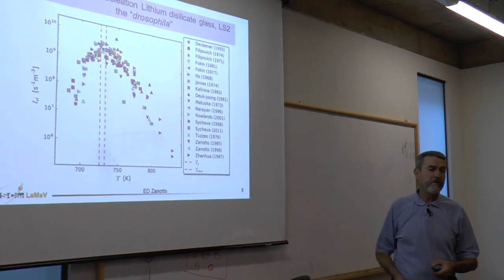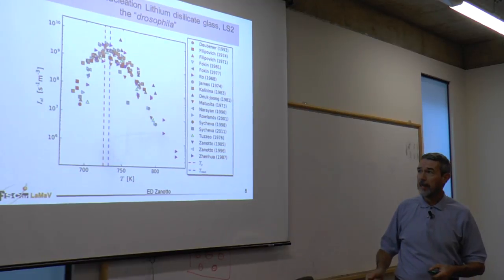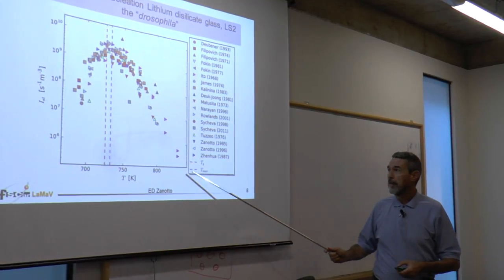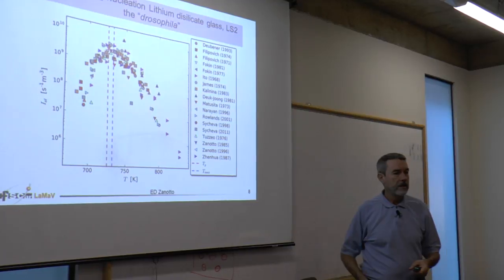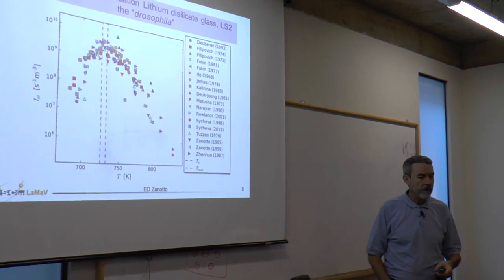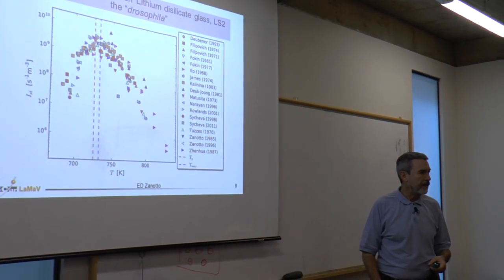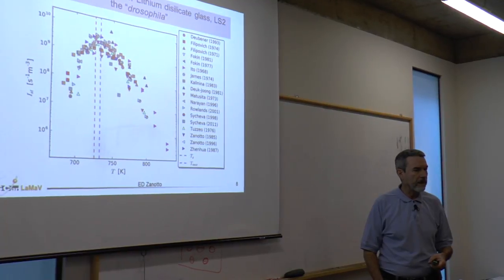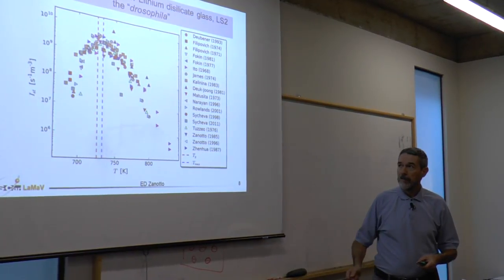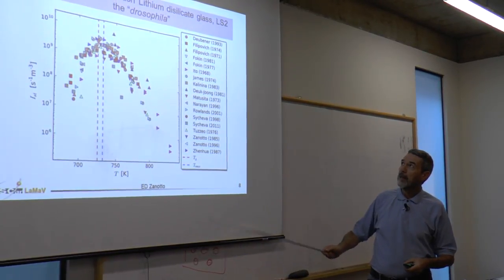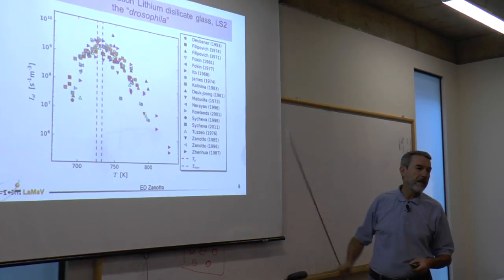Okay, this is one of my favorite plots because it summarizes a very large number of data points obtained by different authors along the years for the same system, lithium disilicate.